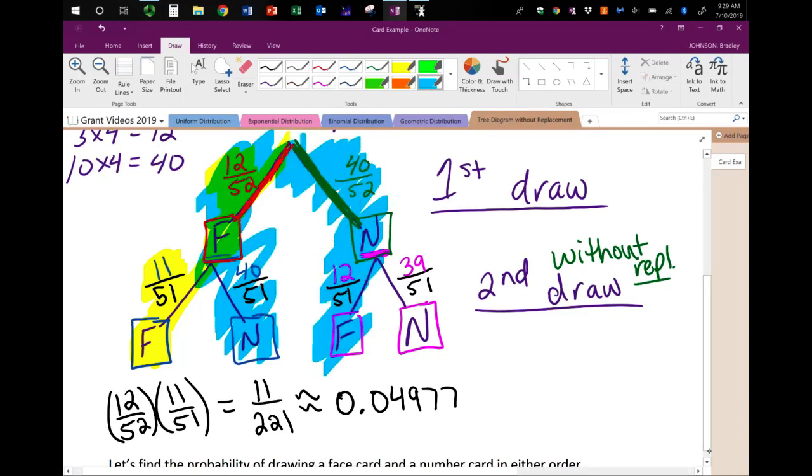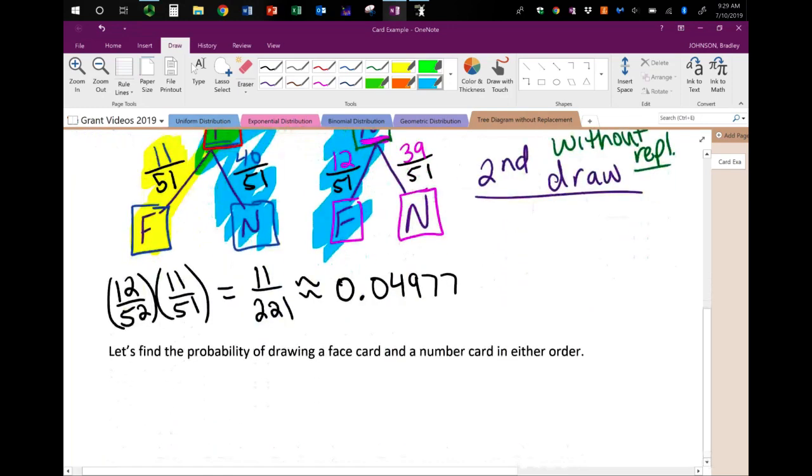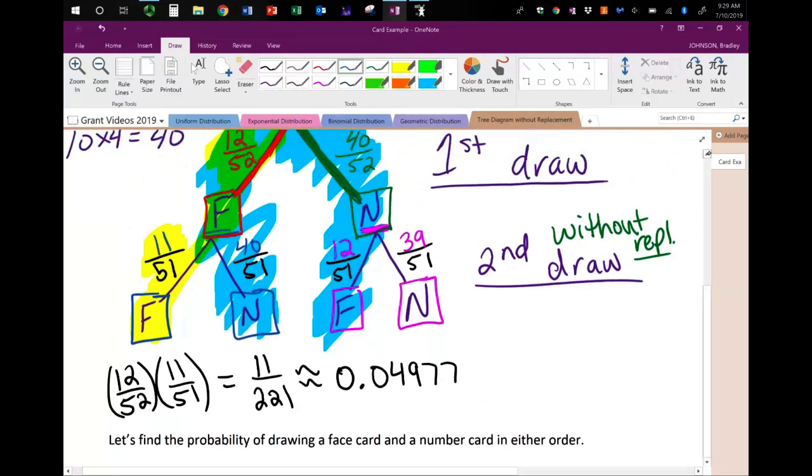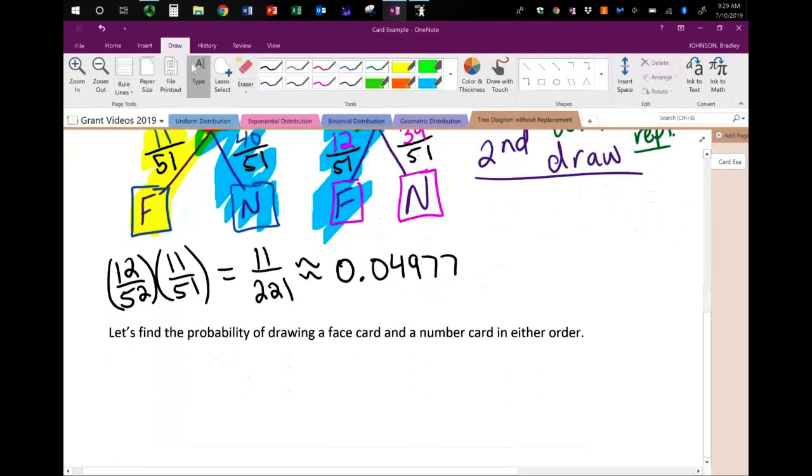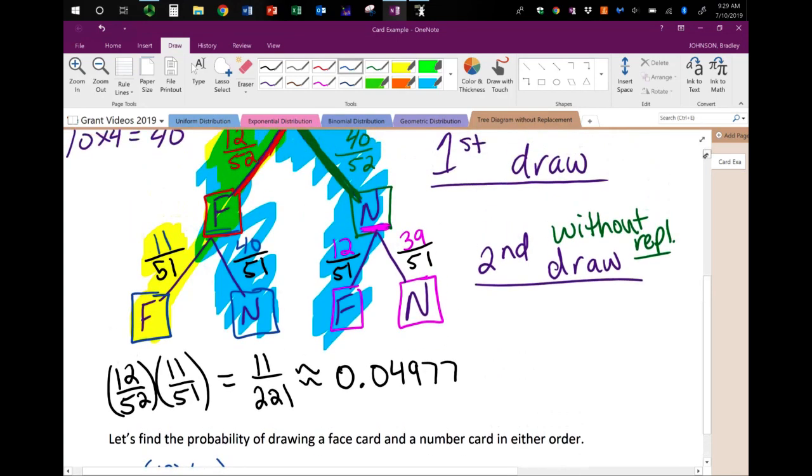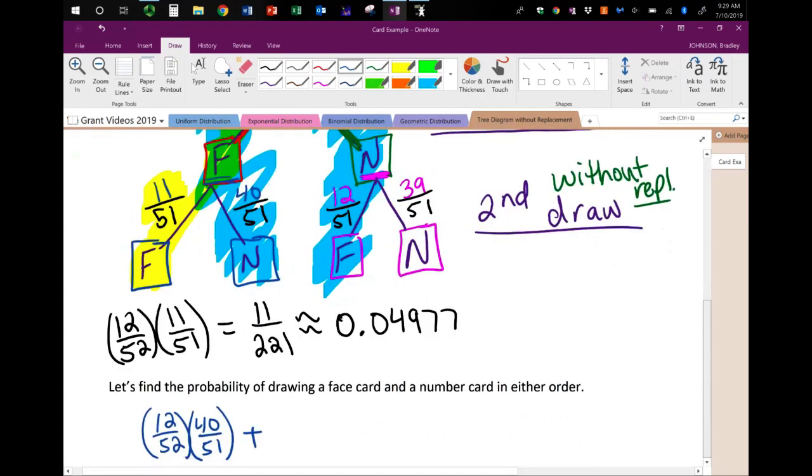So we want to multiply, and we'll go down the first branch, 12 out of 52, multiplied by the number card branch there, 40 out of 51, and we have to add it because it could be either one, either order, 40 out of 52, multiplied by 12 out of 51.